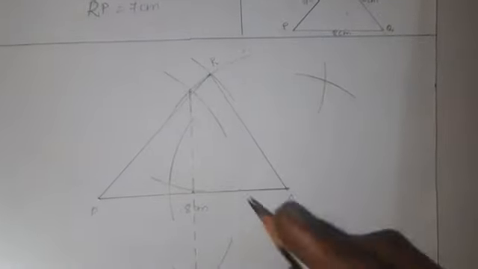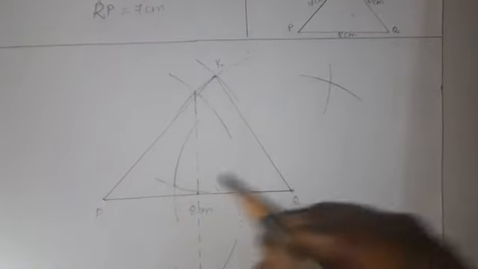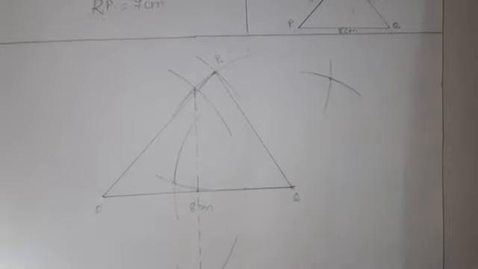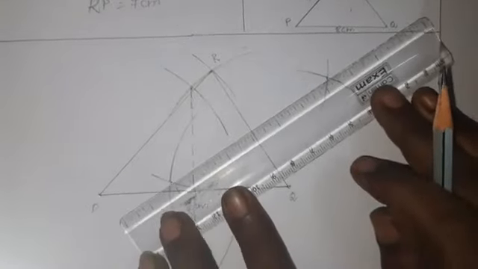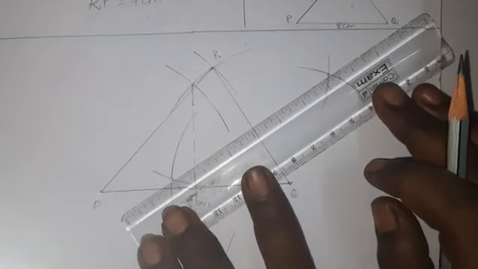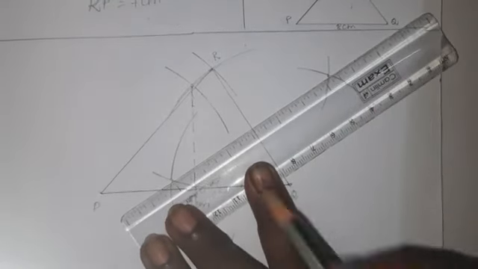After that, both arcs are intersecting. Now here make a dot, keep the scale, and draw the dotted line.